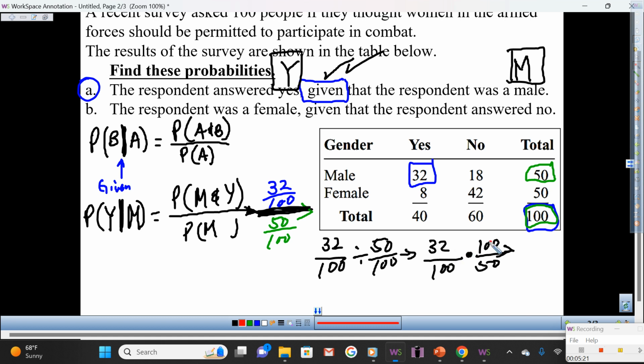This one and this one can be divided by 100, so we're left with 1 and 1. So 32 times 1 is 32, and 50 times 1 is 50. Can we reduce that again? I think so, 16 over 25. Yeah, so this is 16 over 25.